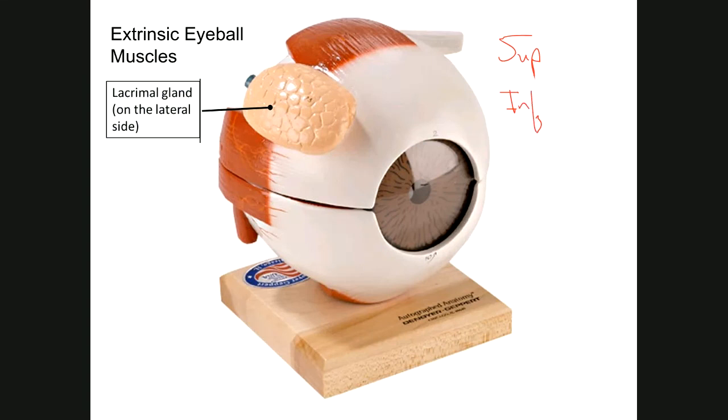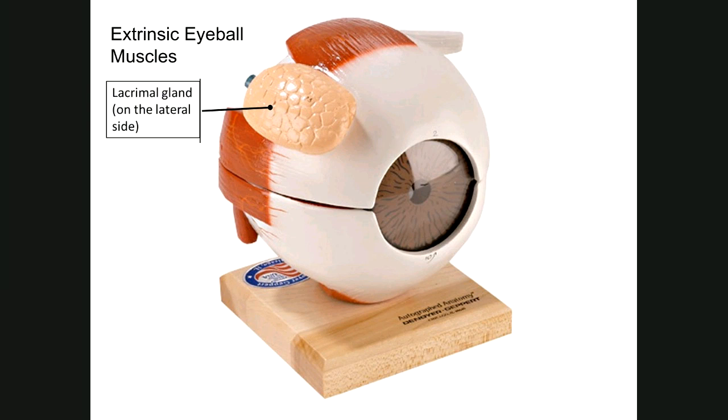And so there has to be some sort of landmark to let us know these things. And that landmark is this. So this is the lacrimal gland. And the lacrimal gland is always on the lateral side. So it's on the side of your head where your temples are. It's on that side. So if this is lateral, that means this is lateral.